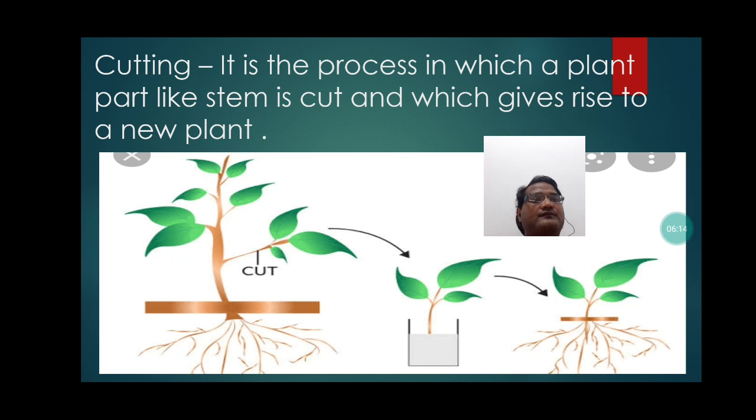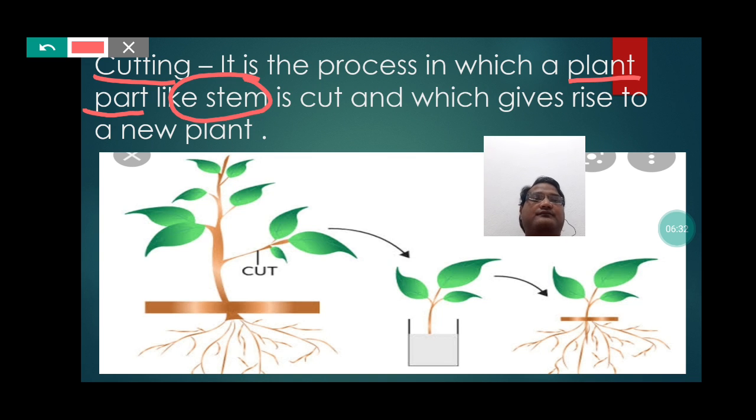So students, cutting actually is a type of artificial vegetative propagation where the plant part like stem is being cut, and this cut part of the stem further can give rise to a new plant.